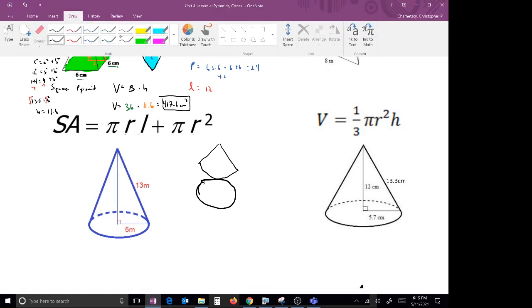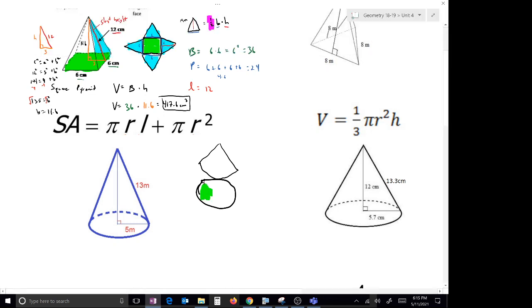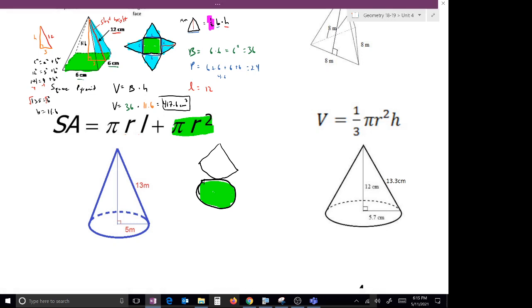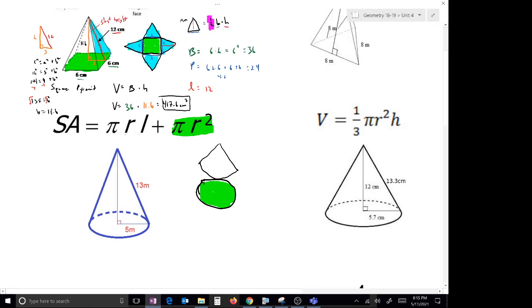So the base of our cone is a circle, which is the pi r squared part, and the pi r L part, which I want to explain. I'm not going to be able to get into details of why that's the case. It's some difficult math, but that is this portion, the pi r L.